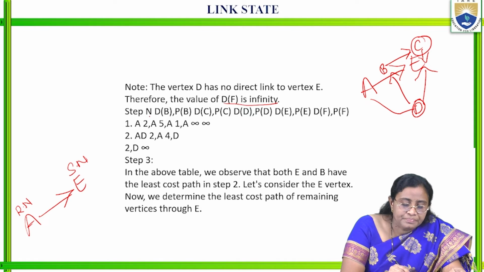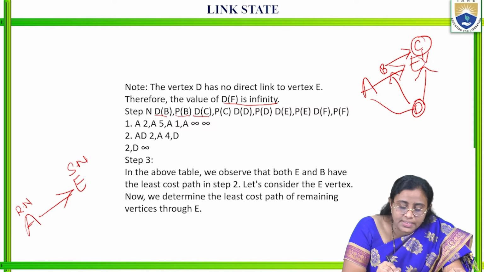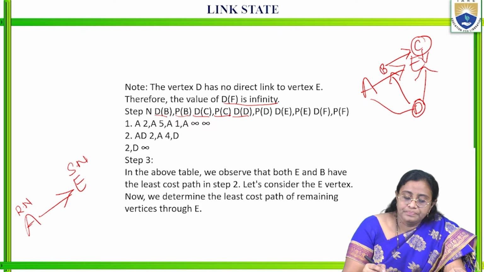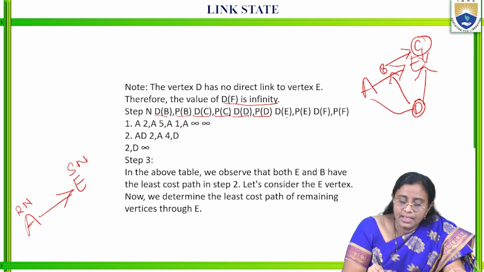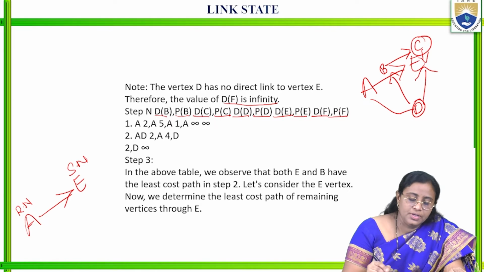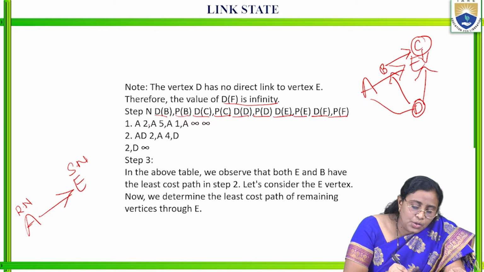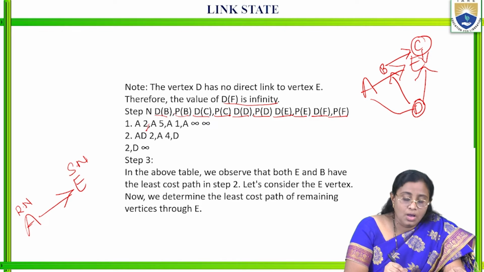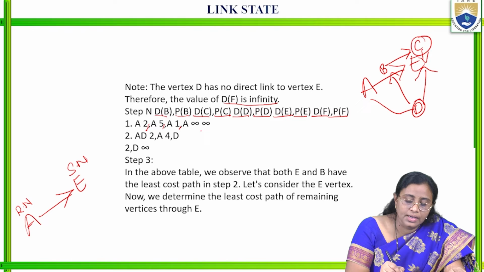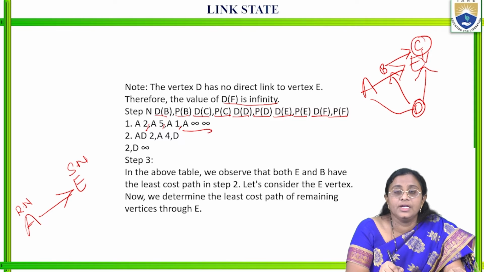How, in step N: D of B and P of B, D of C and P of C, D of D and P of D, D of E, P of E, D of F, P of F. Hence, from the root node A: 2, 5, 1, infinity, infinity.